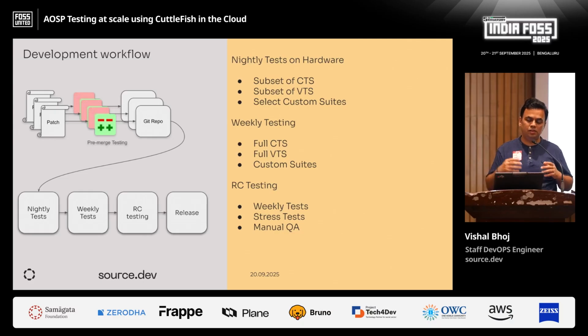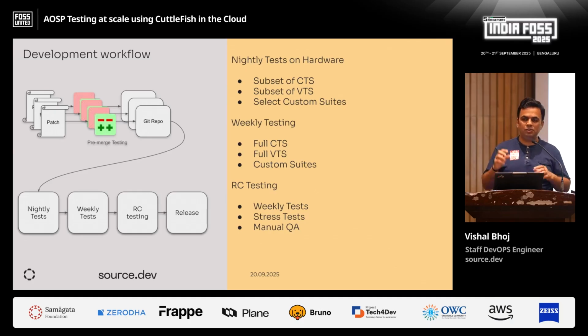But after that, you still want to do testing on a nightly basis, where you collect all these Git repositories where the patches have been merged, do a nightly build, and then run a subset of CTS and VTS and a custom test suite. CTS is the compatibility test suite, and VTS is the vendor test suite. These are special test suites available as part of Android to verify whether your Android is working as expected.